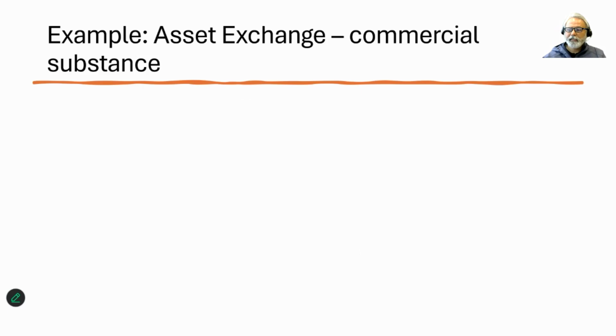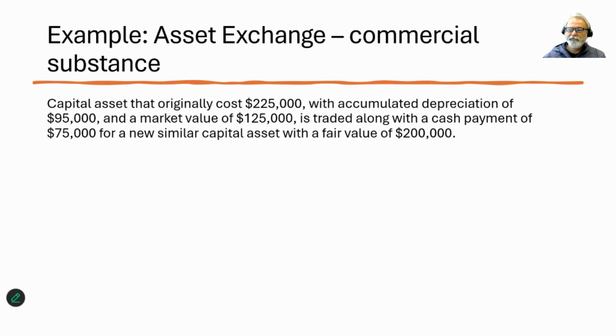Taking a look at an example, say we have a capital asset that originally cost $225,000 with accumulated depreciation of $95,000, market value $125,000, is traded along with cash payment of $75,000 for a new similar capital asset with a fair value of $200,000.